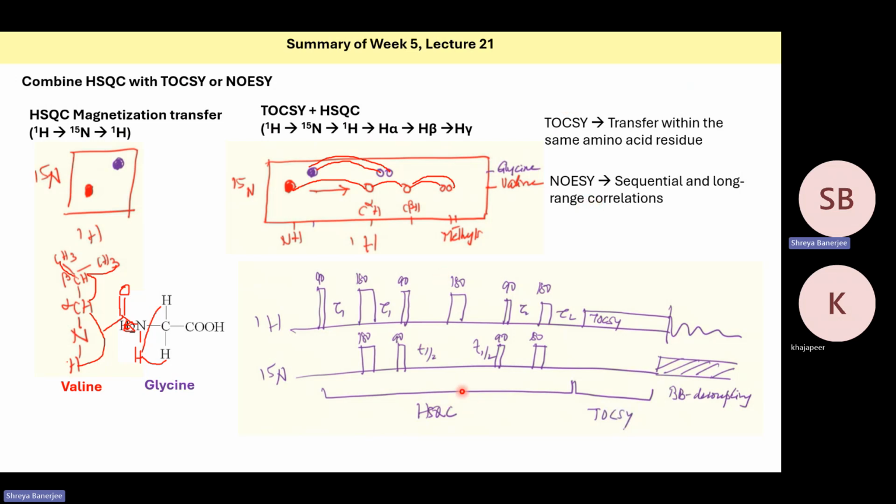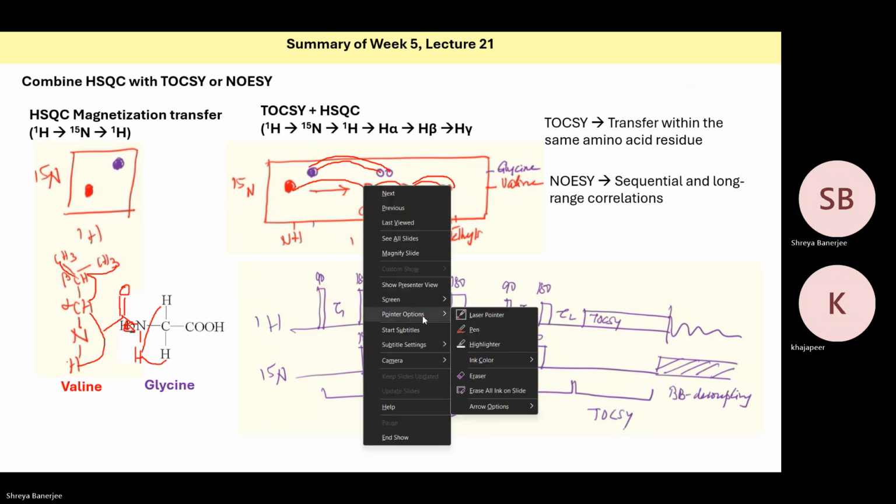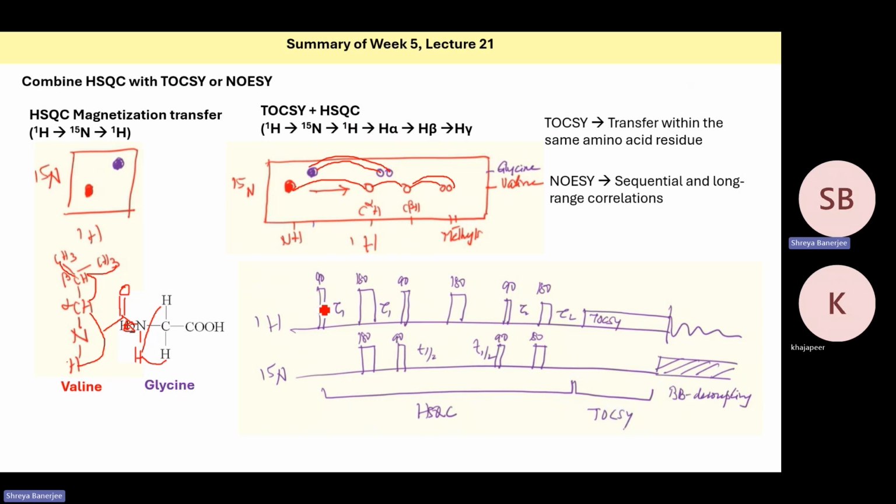And the pulse sequence is simply, we initially have the pulse sequence of HSQC. You can see this. So initially is the INEPT portion, where there is a magnetization transfer to the nitrogen. Then you have a time t1 where there is evolution of the magnetization in nitrogen.